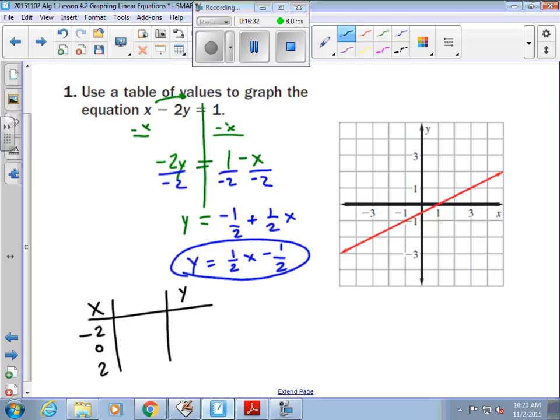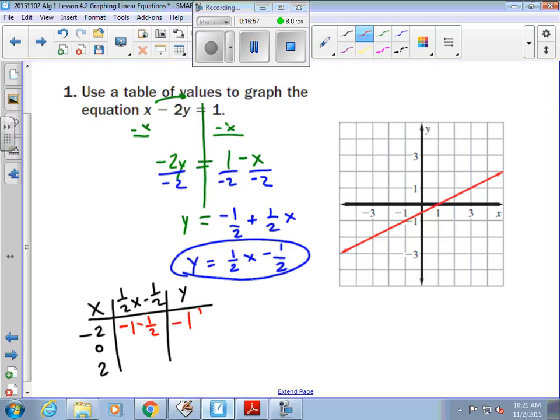And remember what we discussed earlier. 1 is not the easier value to multiply by in this case. The reciprocal 2 is. So when we plug that in, 1/2 x minus 1/2 times negative 2 first. Half of negative 2 is negative 1, minus 1/2 is negative 1.5.